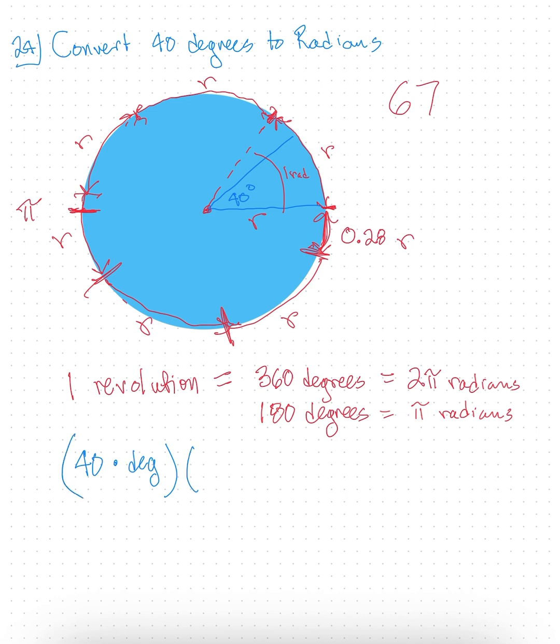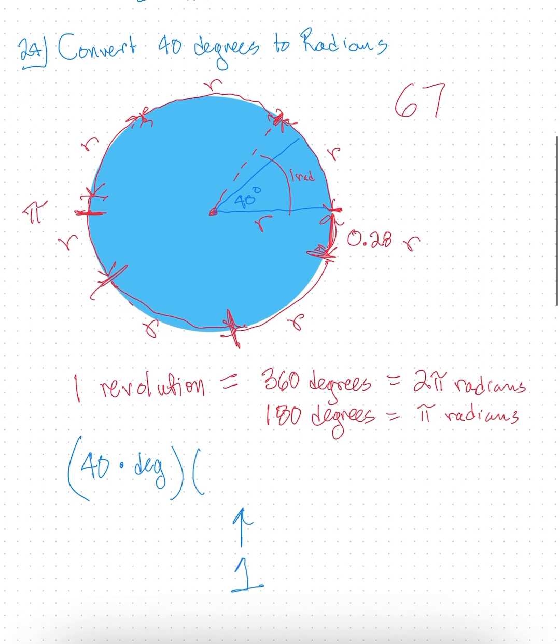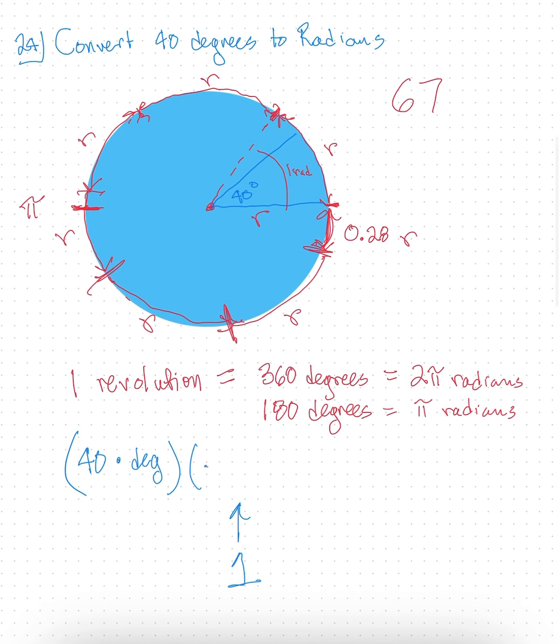by a unit conversion factor, and remember this one has to be a factor equivalent to 1. Since 180 degrees is a semicircular arc, and pi radians is a semicircle arc, I'll put the degrees down here in the bottom, 180 degrees, and that is equivalent to pi radians.